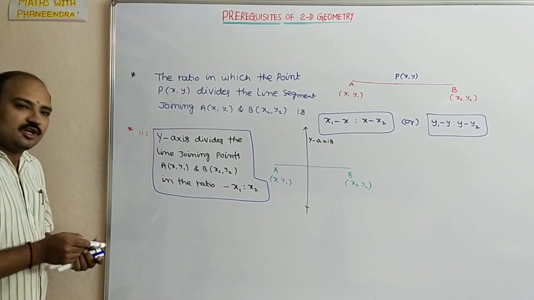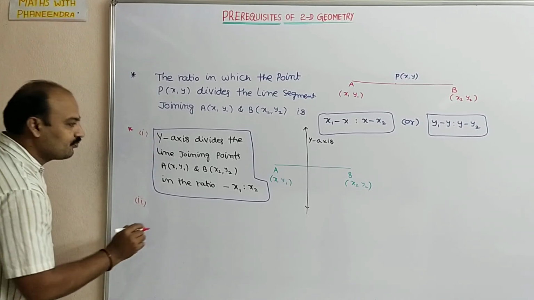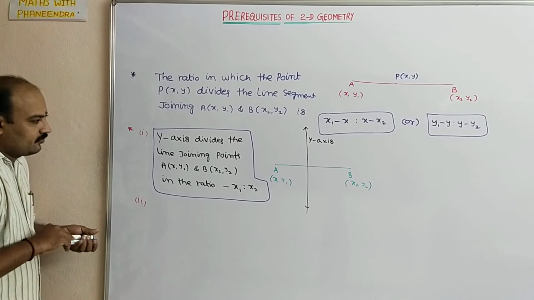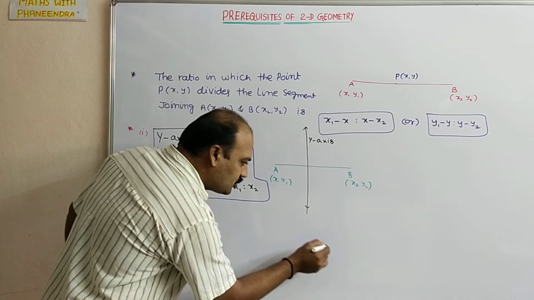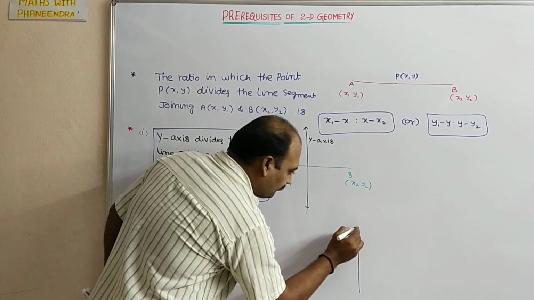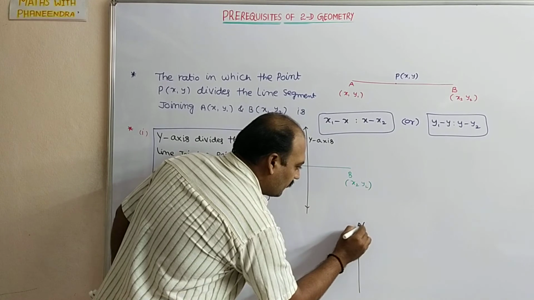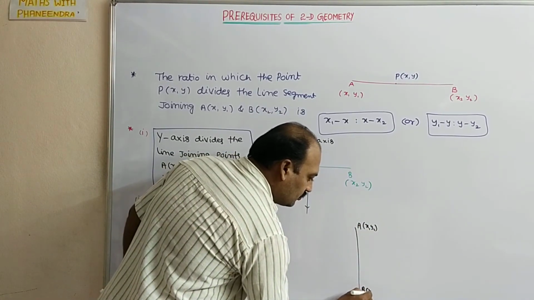Now come to the second point, the x-axis. The x-axis divides, that means the line joining points you are taking like this. A of x1, y1, B of x2, y2.